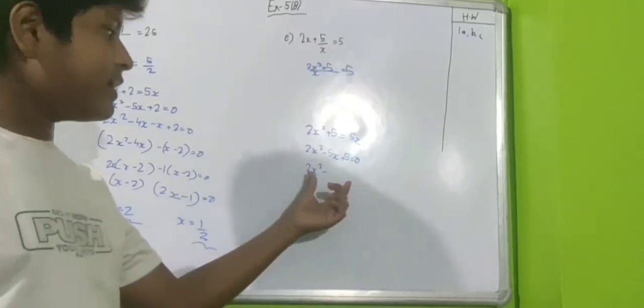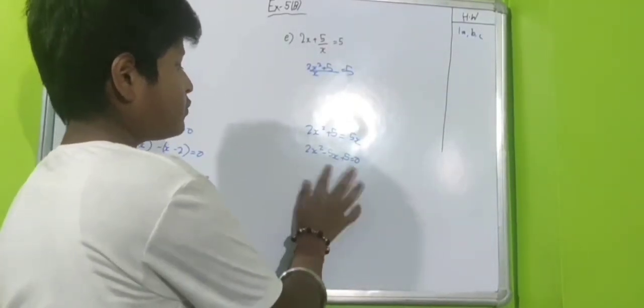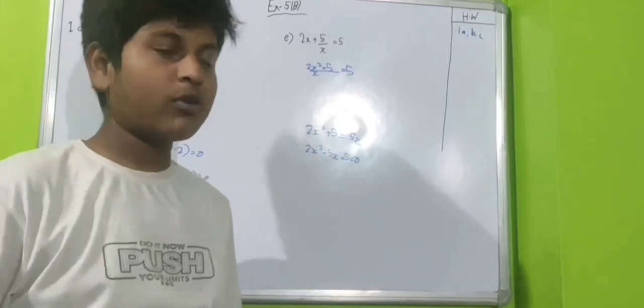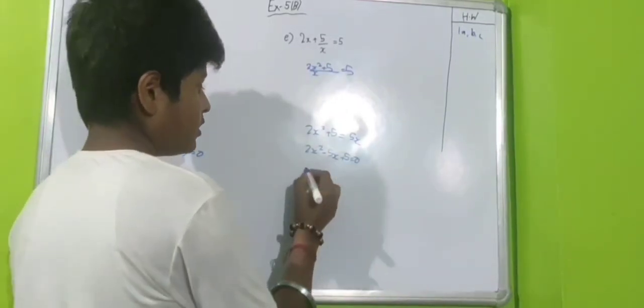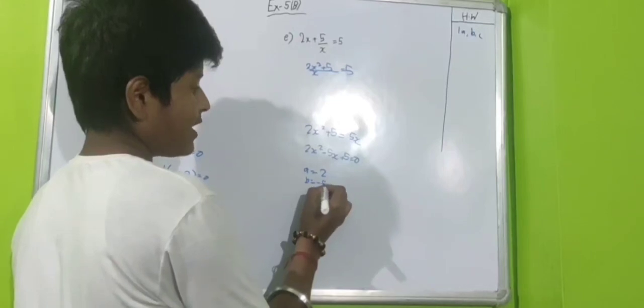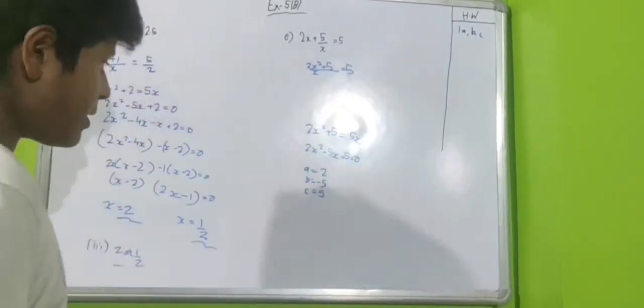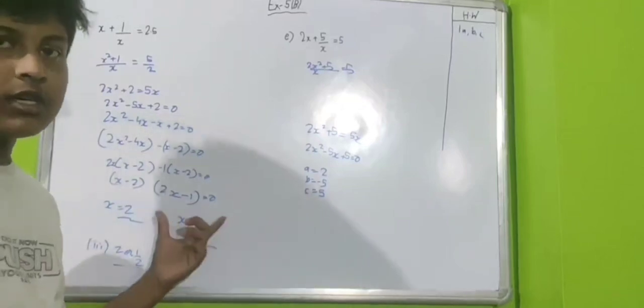But minus 5x is not easy to split into equal parts. We will solve by using the discriminant formula. A is equal to 2, B is equal to minus 5 and C is equal to 5.